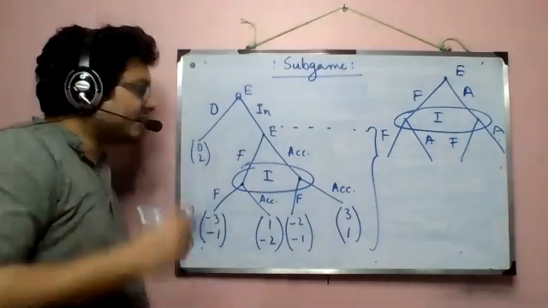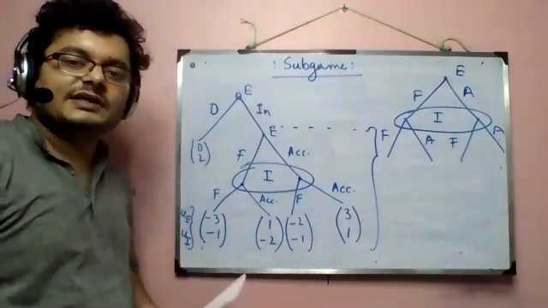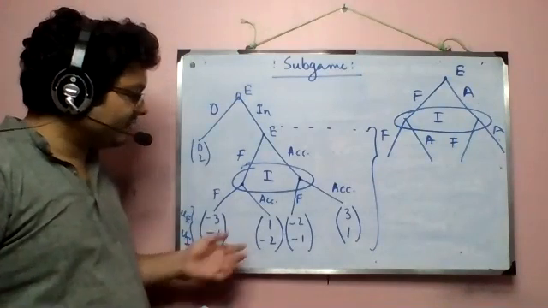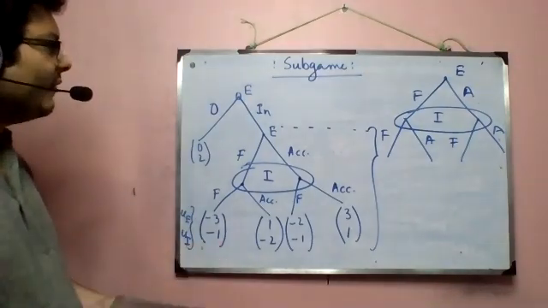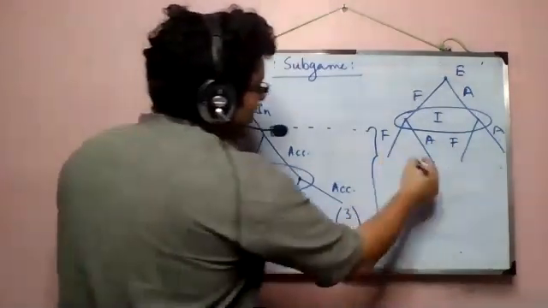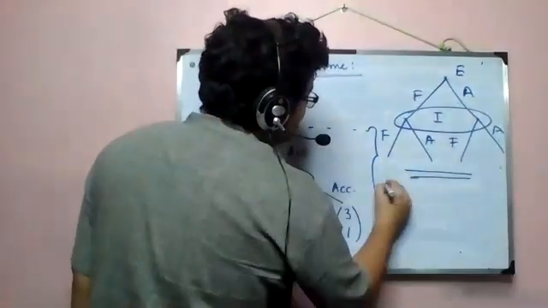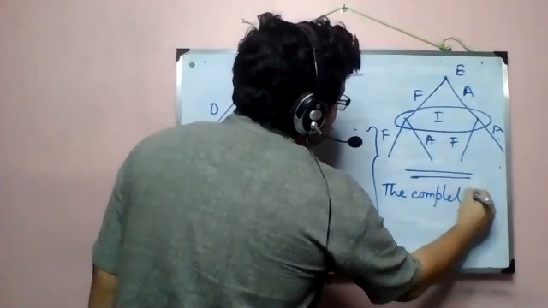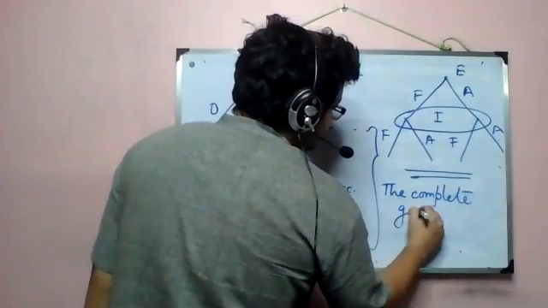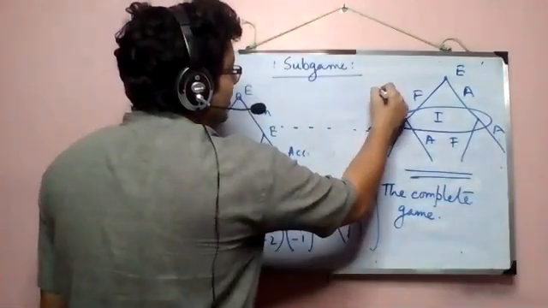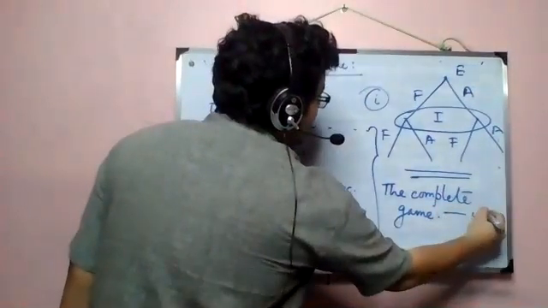So the minimum subgame that we have here is basically the simultaneous game that we added as a variant. And then what do we have? Apart from this one, we have the complete game. So there are two subgames. Number one is this one, and number two is the complete game.